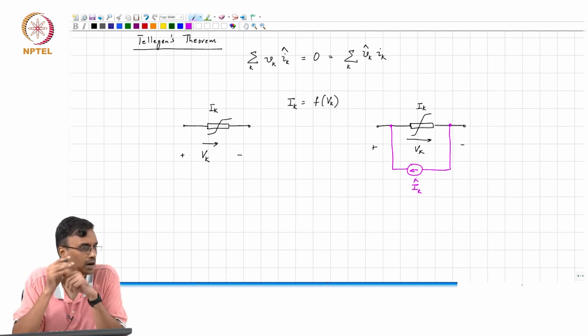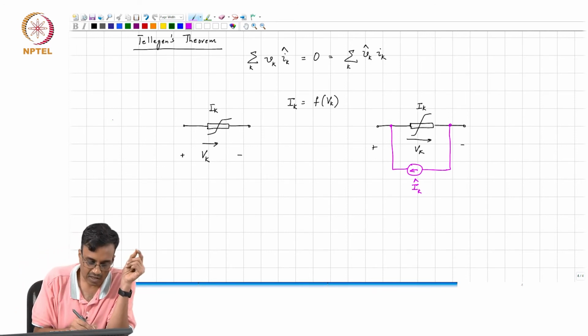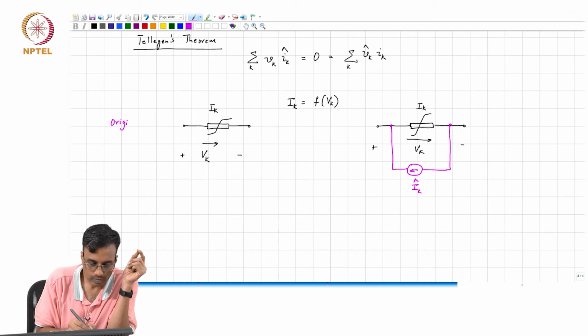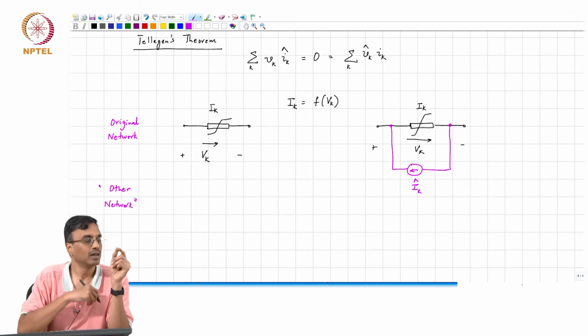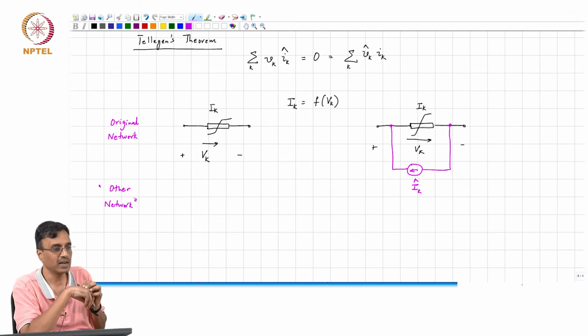That other network, where this is the original network, is where a particular source has been changed by some amount, correct?